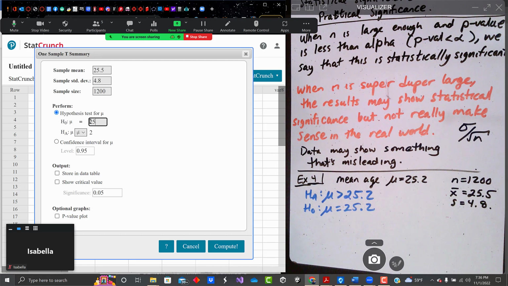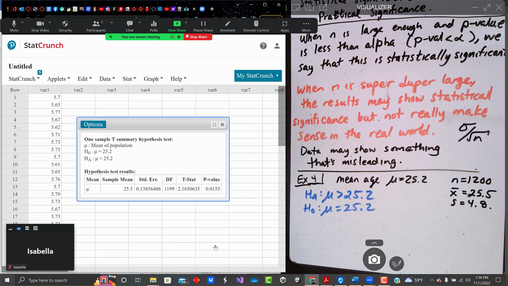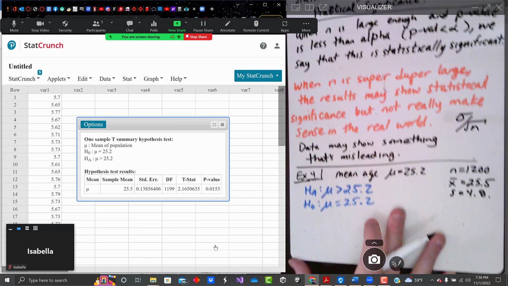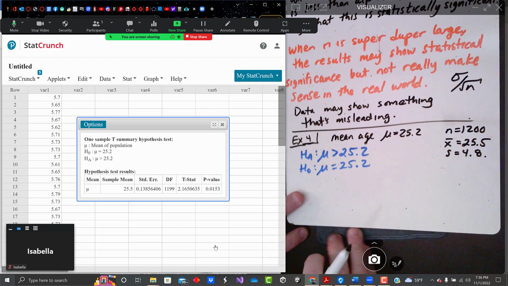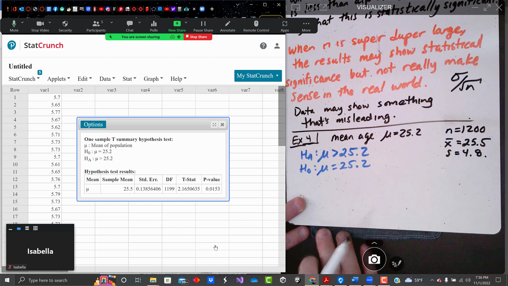Mean was 25.2. And we're doing greater than. I'm going through the steps a little bit faster. I want to get down to where we got the p-value.